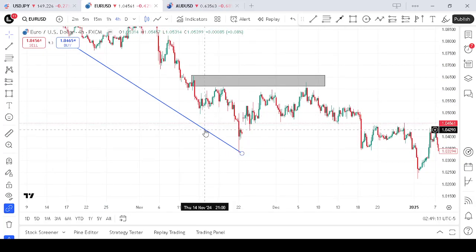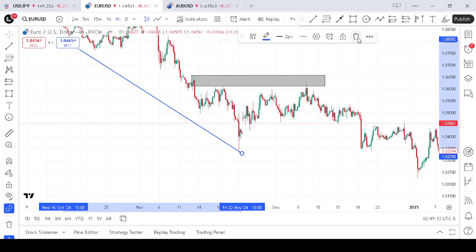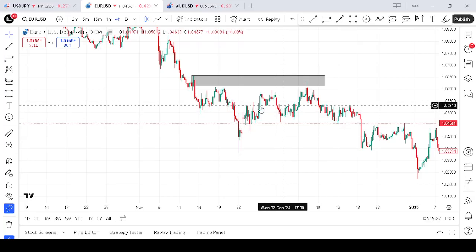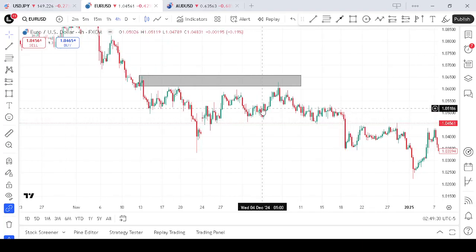Now let's look at how we can trade these unmitigated order blocks. Trading unmitigated order blocks involves identifying these zones on the chart and using them as key levels for potential market entries. The goal is to capitalize on the strong price movement and reaction that may occur when price revisits these areas.